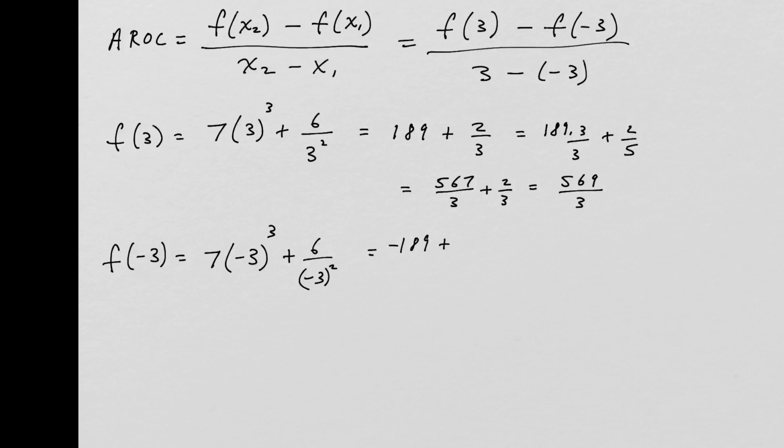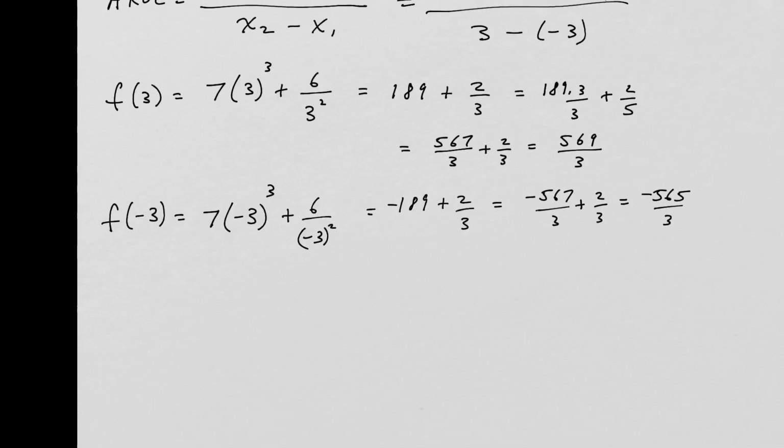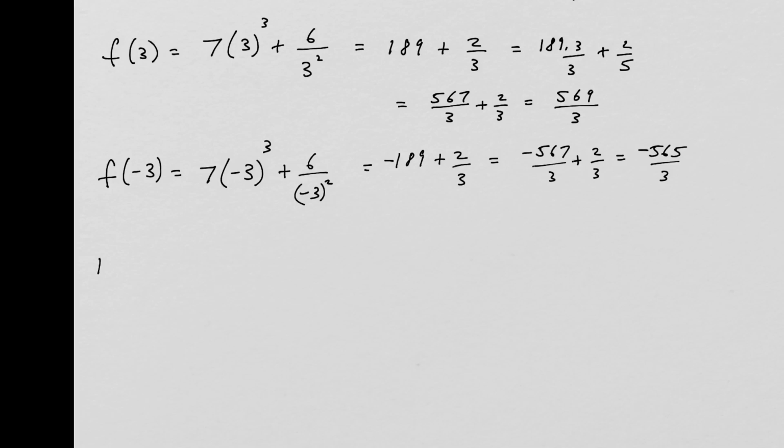Plus, but then it's 6 over 9 again, so that's still 2 thirds. So this is going to be negative 567 over 3 plus 2 thirds, which is negative 565 thirds. Okay, so now we can actually find the average rate of change.